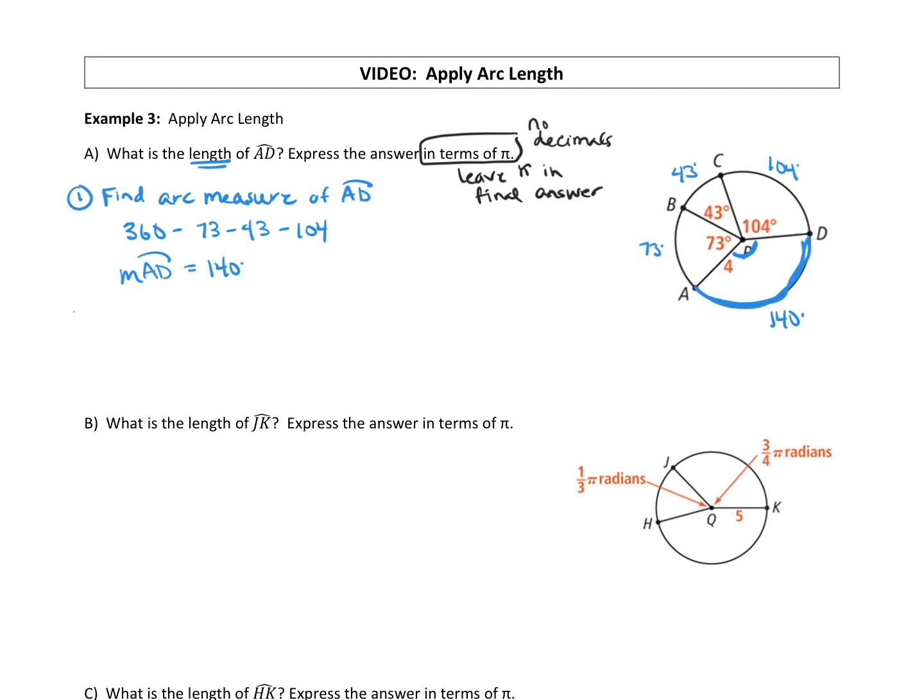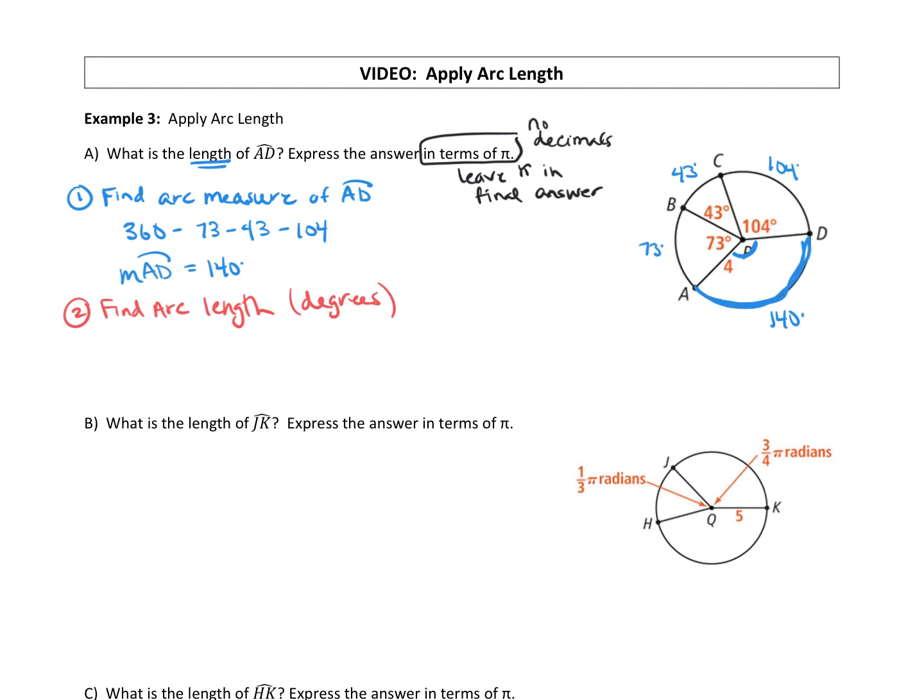All right, step 2. Now let's find the arc length. We have two formulas for this. Our circle, we can see all of those angles and arcs are measured in degrees. So let's use the formula that uses degrees.